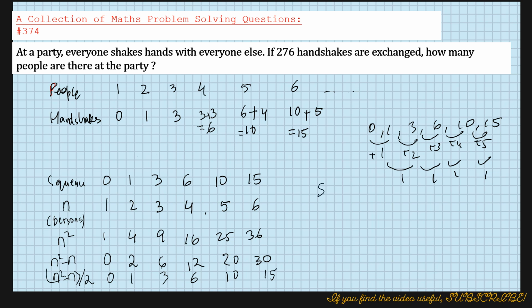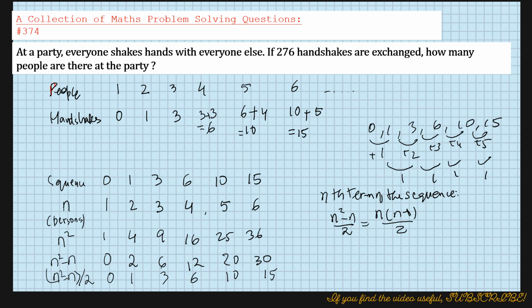So here, if I write the nth term of the sequence, I would get n square minus n out of 2, and that is n times n minus 1 out of 2, and that is the formula for the number of handshakes, where n is the number of people.